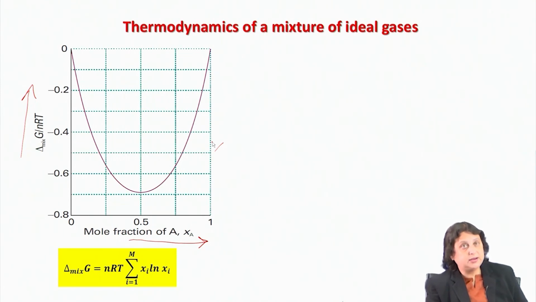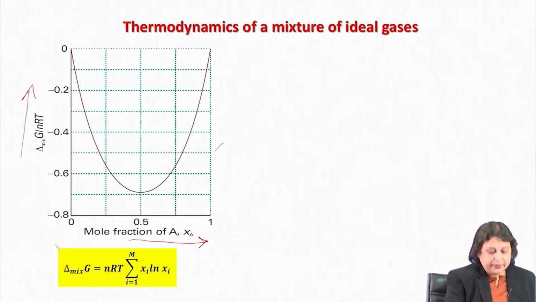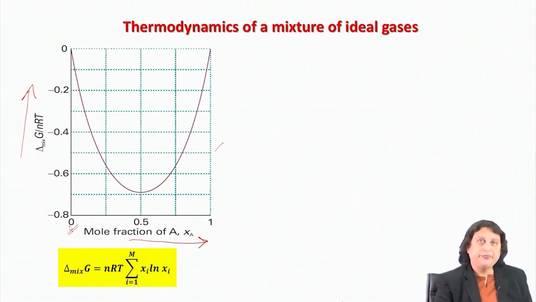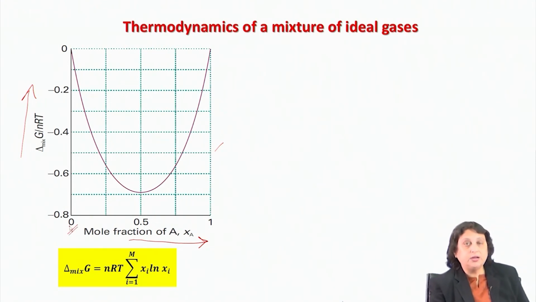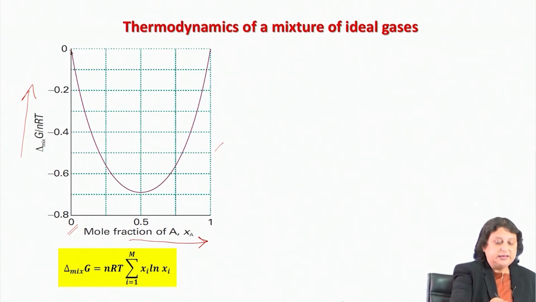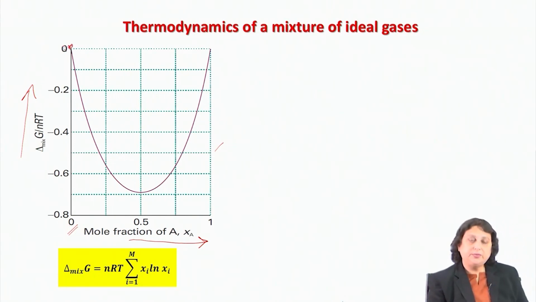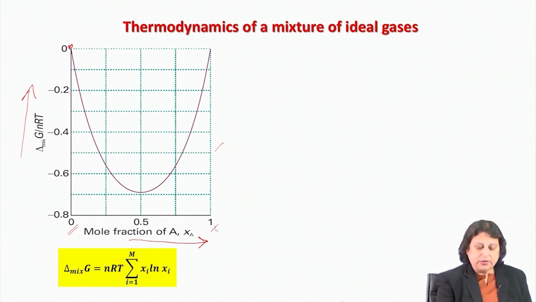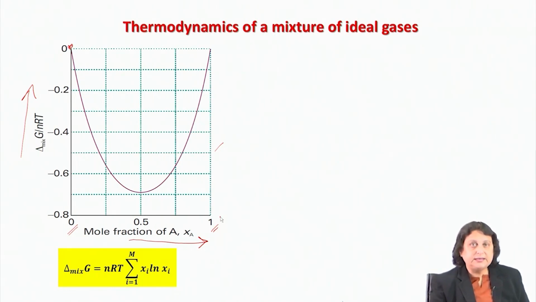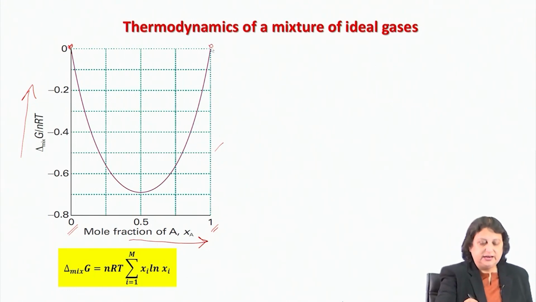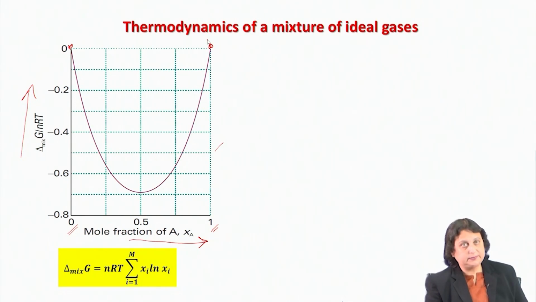Now, what is happening here? When I start from Xa equal to 0, I have the pure substance B. Therefore, the corresponding value of delta G mixing is equal to 0 because there is no mixing at all. When I have Xa equal to 1, there is no question of mixing again, and I have the pure substance A, which is delta G mixing equal to 0 again.